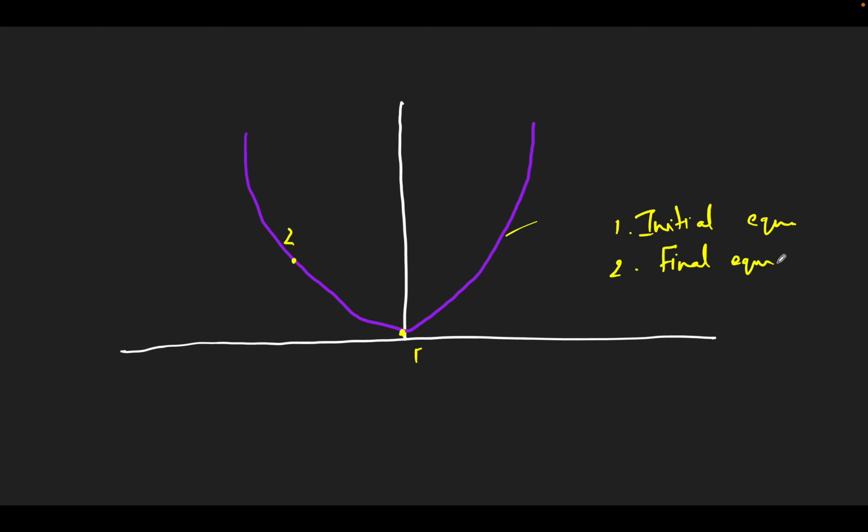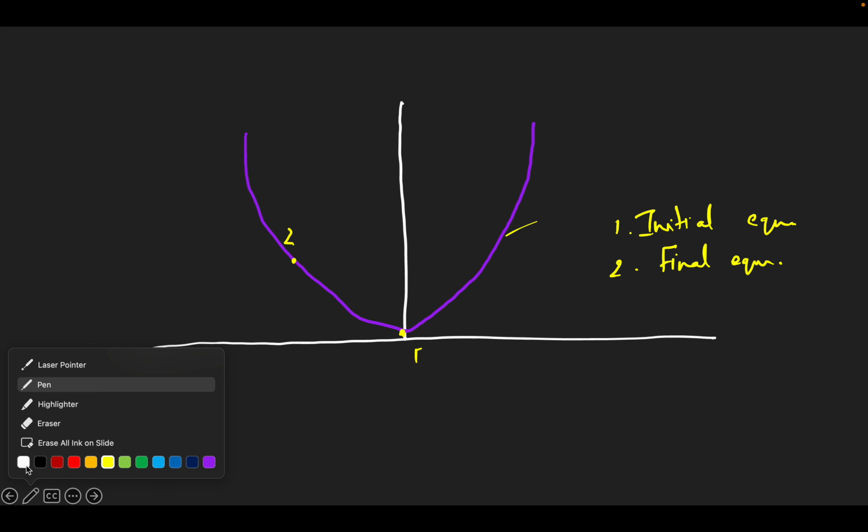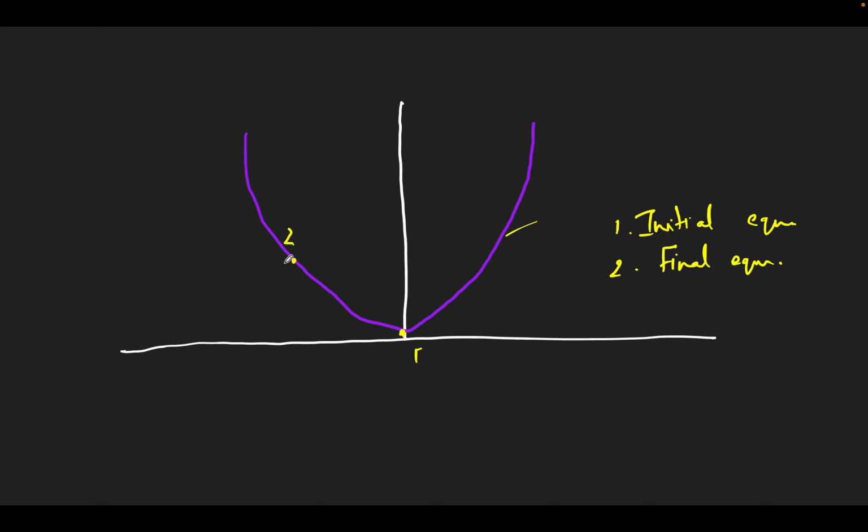Now the question is to determine this distance. For that, let me put the coordinates of point 2 as x comma y. What is x?